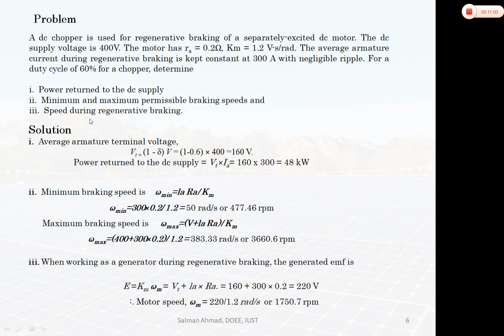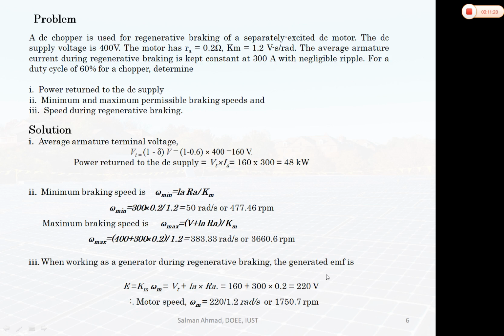Okay, now speed during regenerative braking. First we have to find the back EMF during regenerative braking. That we can find by terminal voltage plus IaRa. Terminal voltage we already calculated, 160. Armature current is given 300 ampere, that will be multiplied with 0.2 ohm. If we add these two, we are getting 220 volt.